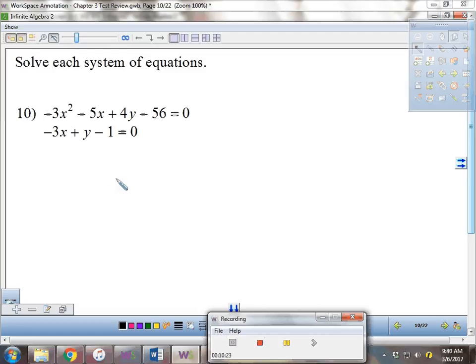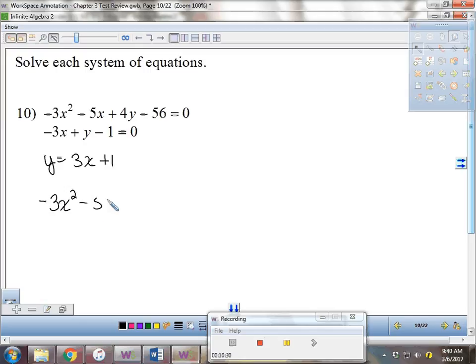Alright, so for this last one here, again, we're going to solve for y and plug in. So we have to add the 3x and add the 1, and then we'll plug that in for this y up here. So we have negative 3x squared minus 5x plus 4 times, plug in for the y, minus 56.